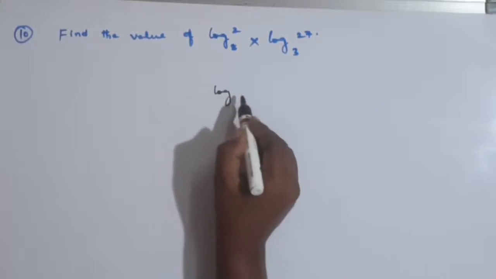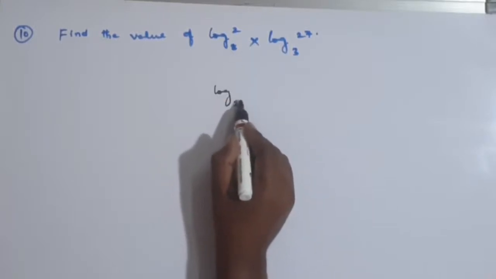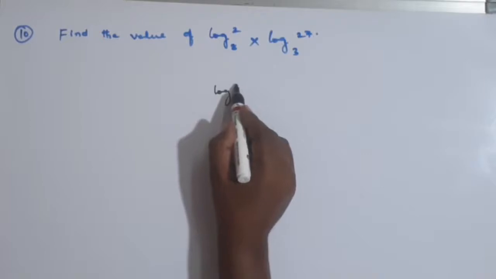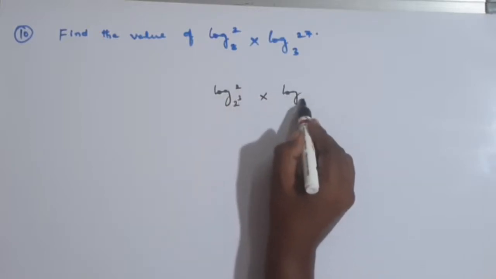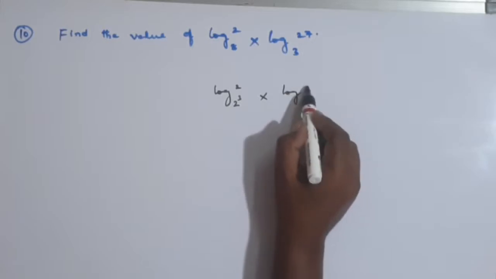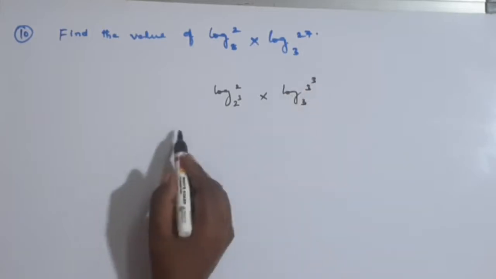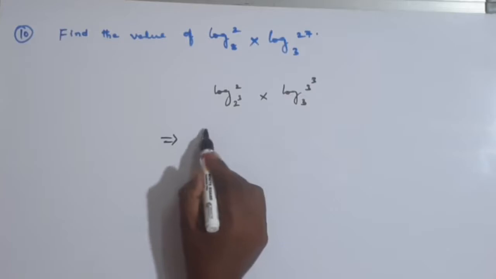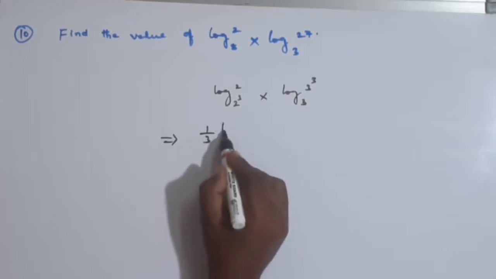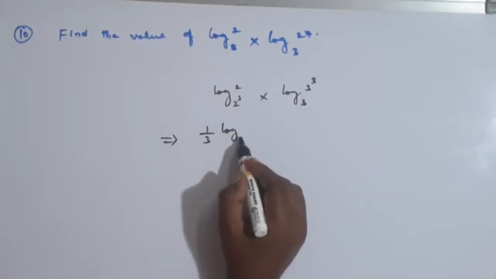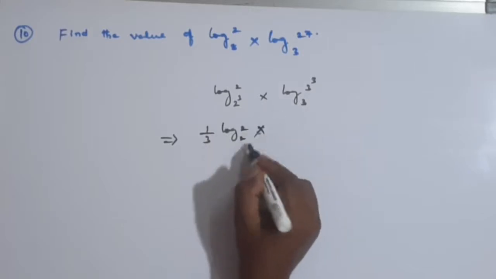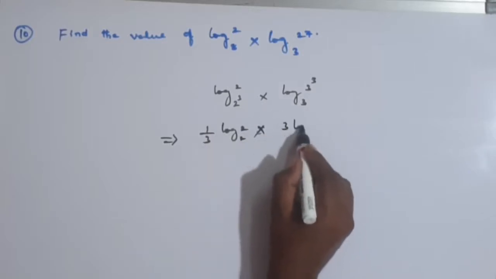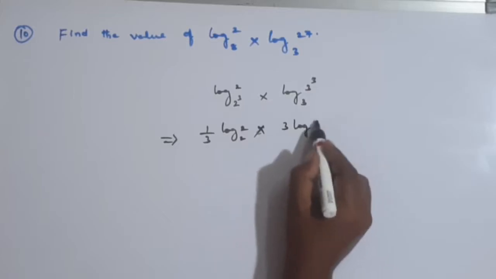Log of 8 I can write as 2 cube, and log base 3 to 27 I can write as 3 cube, which implies 1 by 3 of log base 2 to 2 into 3 into log base 3 to 3.